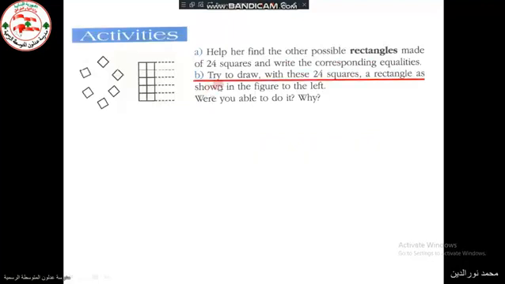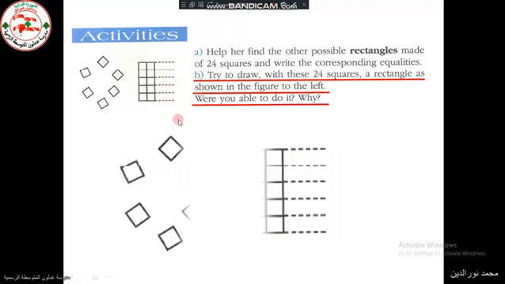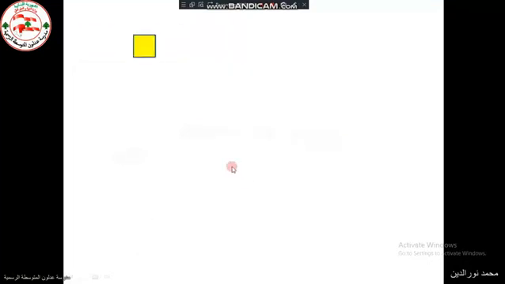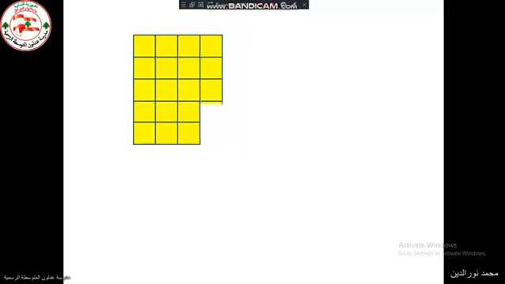And then it wants us to help her to draw or to make a rectangle that has 5 rows, 1, 2, 3, 4, 5. Let's try to make 5 rows, 1, 2, 3, 4, 5, and then another column of 5 rows, and another 5 and another 5.